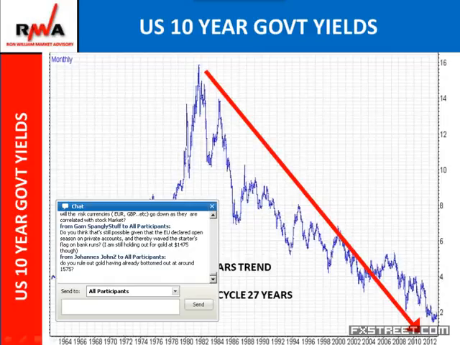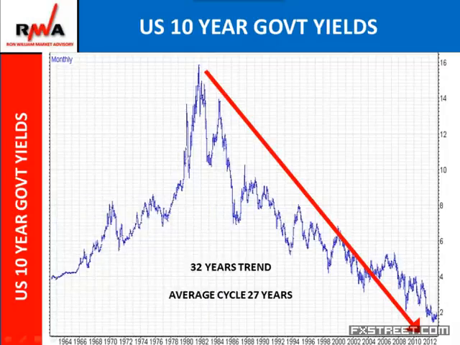And Johannes is saying, do you rule out gold having already bottomed out around 1575? So I would say to Johannes, no. I think that we still might have further lower levels in gold below 1575, and that might create further unwinding of short-term bullish positions in gold. So just keep in mind that it might still get bearish over the next few weeks and maybe months.